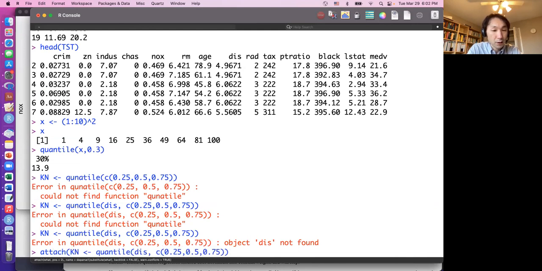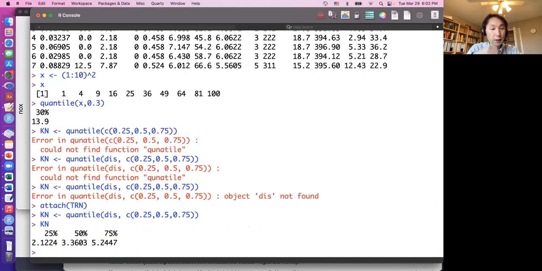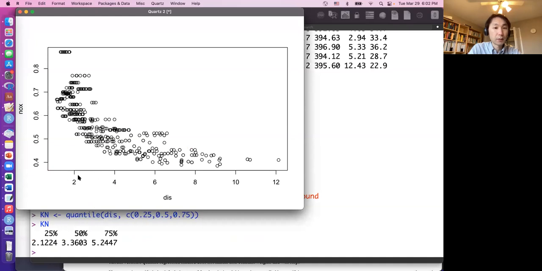So attach the training set. What's the name of the training set? This is TRN. Then KN is this. These are points for splits. You can see 2.1: less than 2.1 is one group, 2.1 to 3.36 is one group, 3.36 to 5.2 is one group, and larger than that is one group.